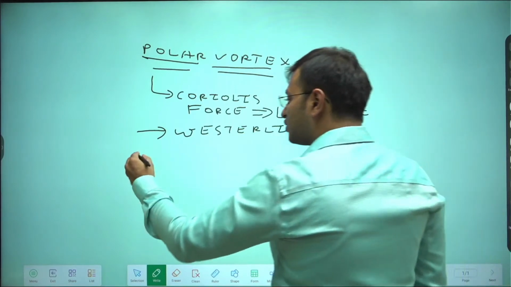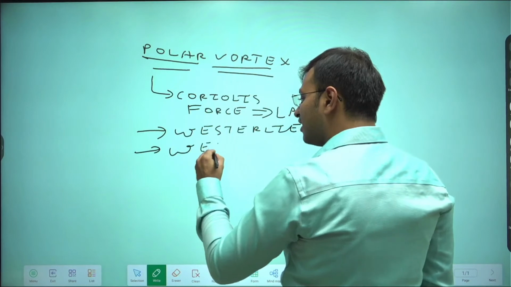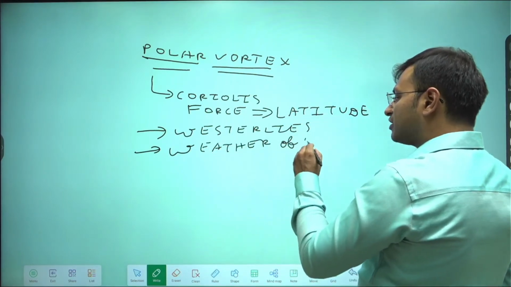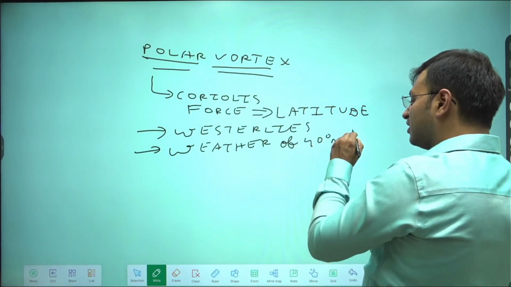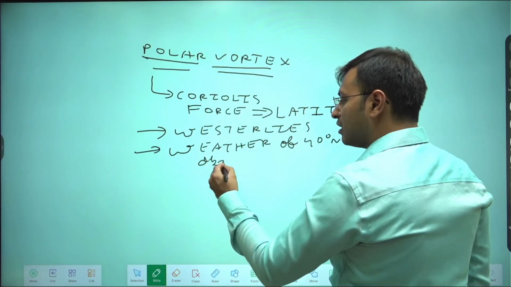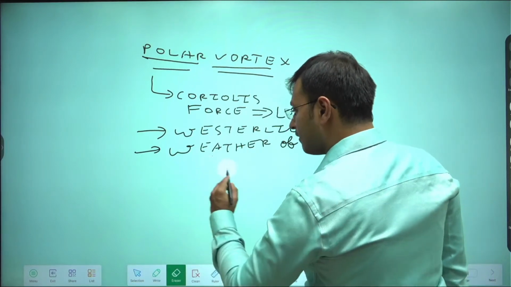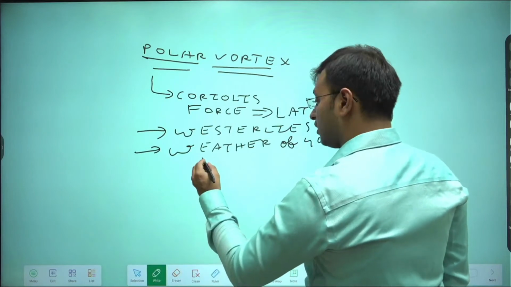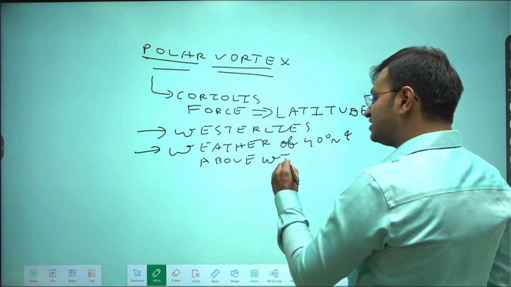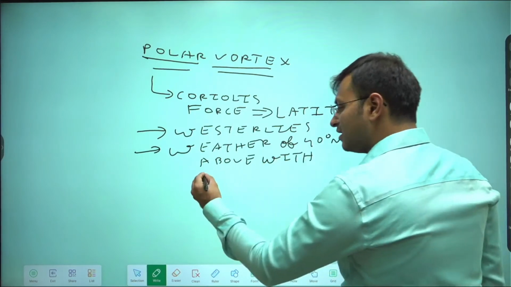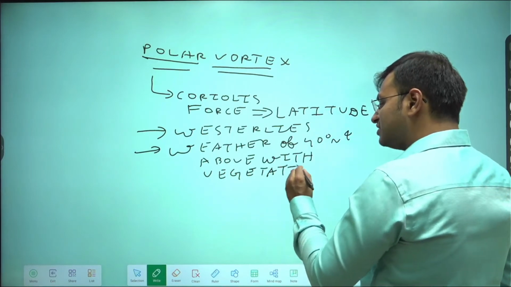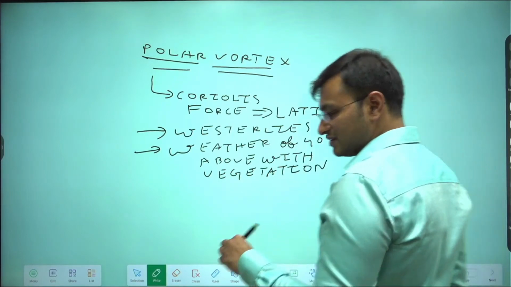And we also tried to interlink the weather of 40° north and above with what? With the vegetation, okay. So I will just quickly revise whatever we did in the previous classes, okay.